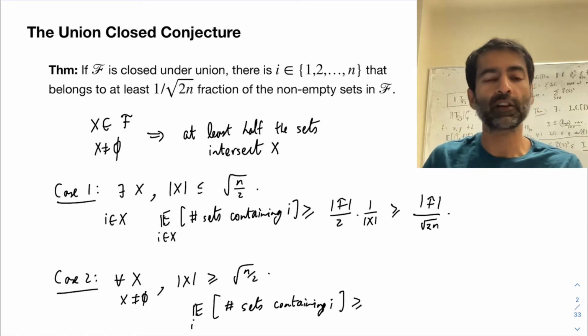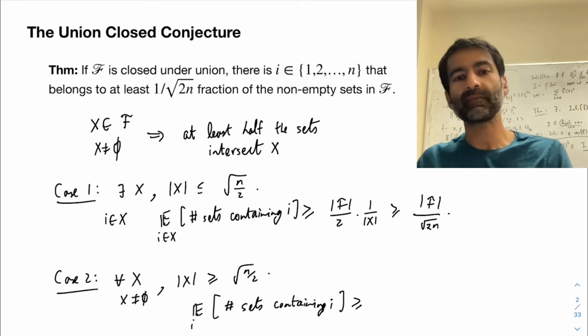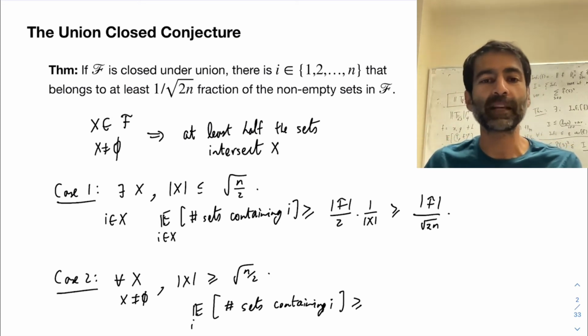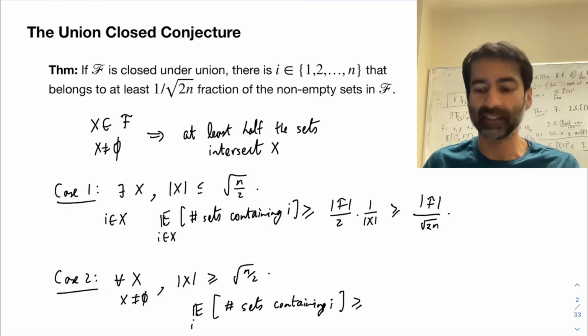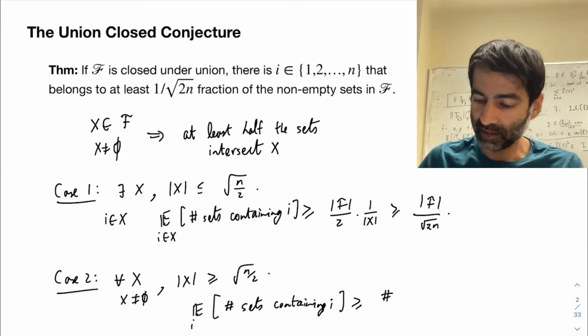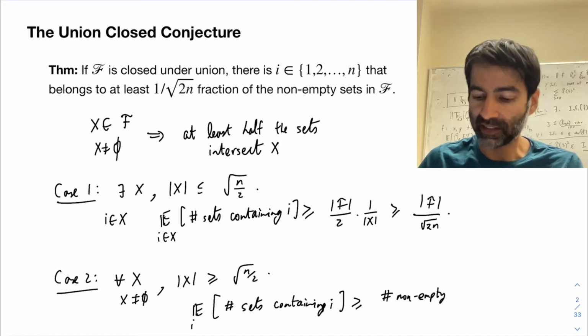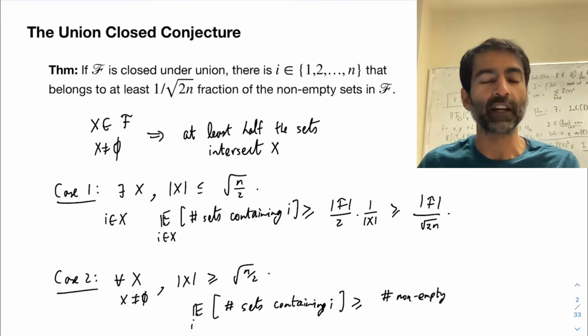Again, this is going to be large because every non-empty set in the family will be included with probability the size of that set divided by n.